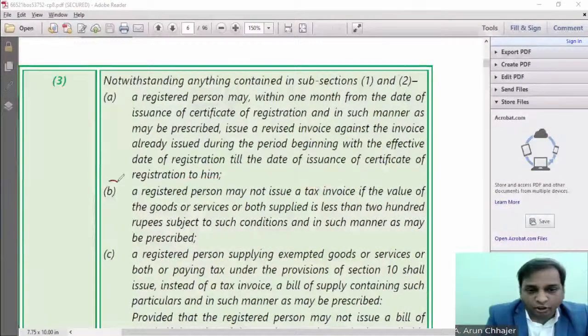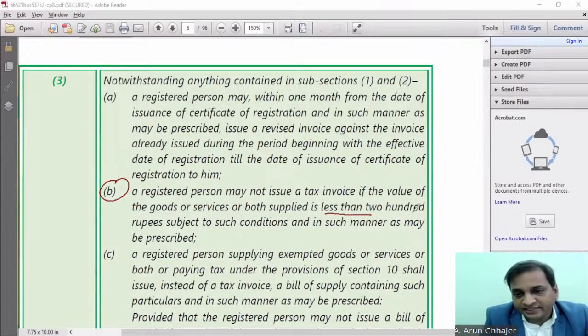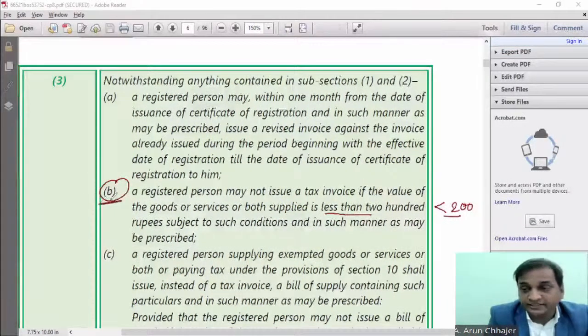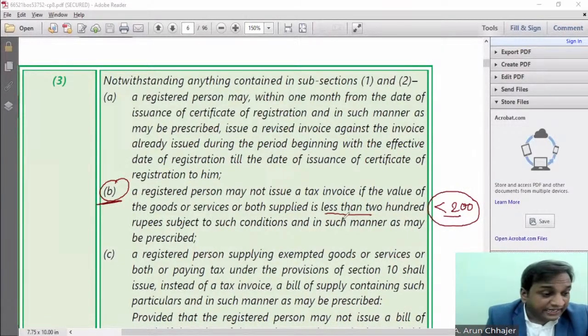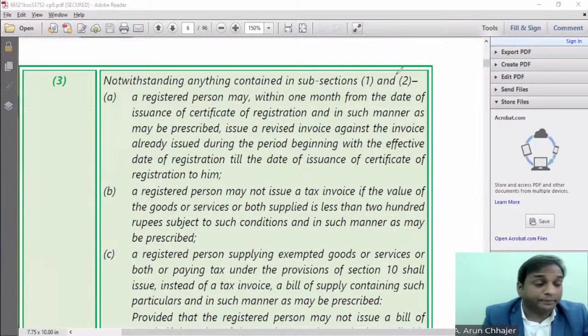Now the next clause, clause B, is saying if the value is less than 200, please note this is important. Sometimes a question is asked on clause B itself. Clause B says that if the value is less than 200, then I can issue as per such conditions and in such manner as may be prescribed.